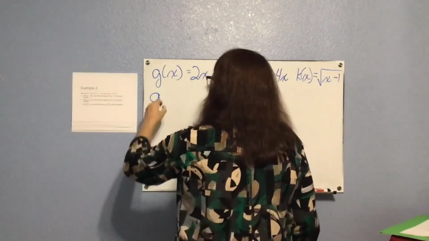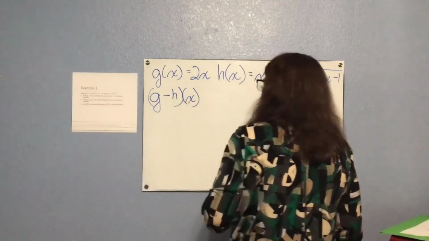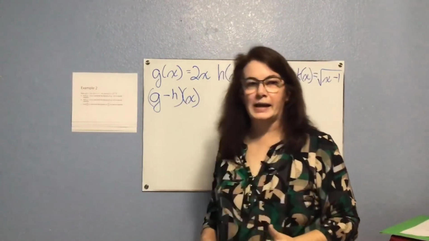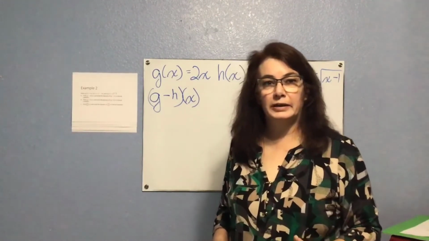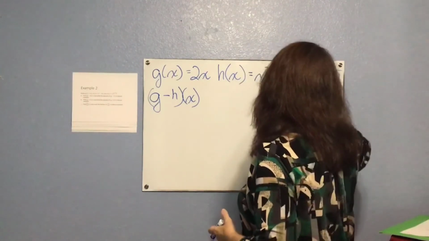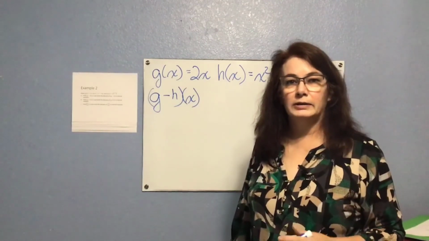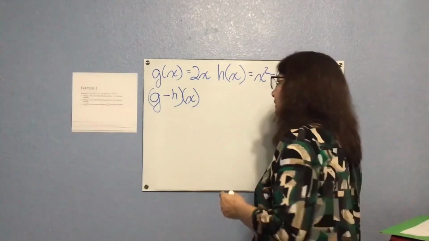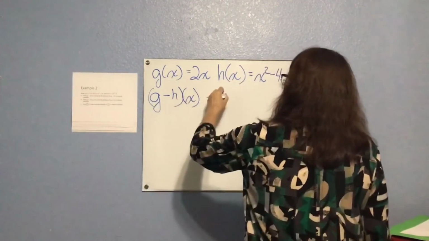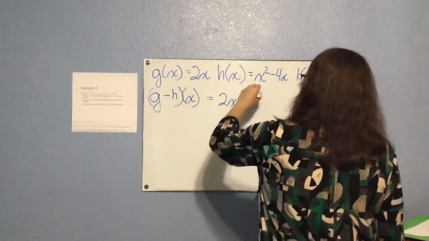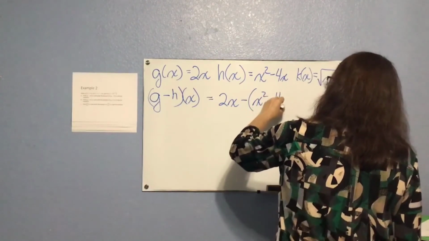So I want to find g minus h of x. And the question also asks us to find the domain. Sometimes when we combine functions, particularly those that have things like a square root or an absolute value in them, we have to be careful to determine what the domain is. So for this problem, g of x is 2x, so we write 2x minus, and I'm going to put this in parentheses because I'm going to subtract the whole thing, x squared minus 4x.